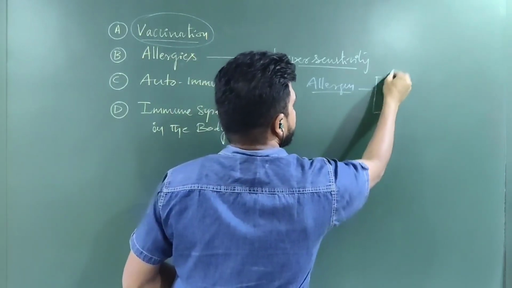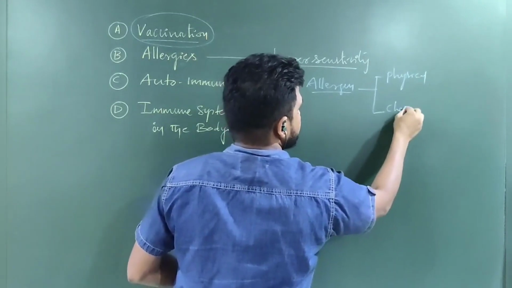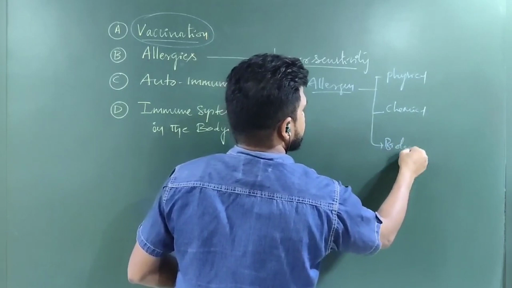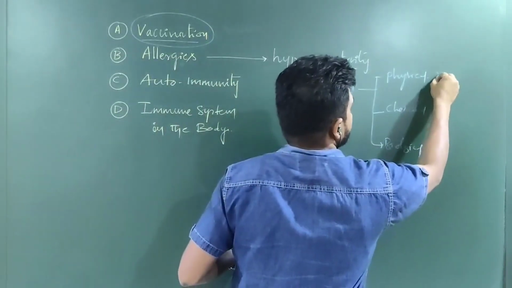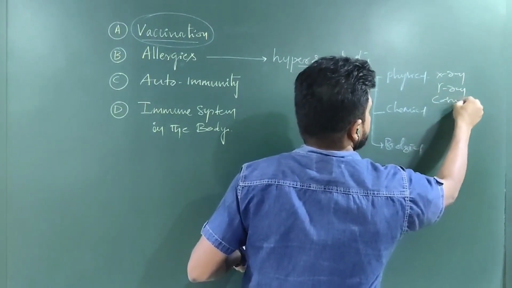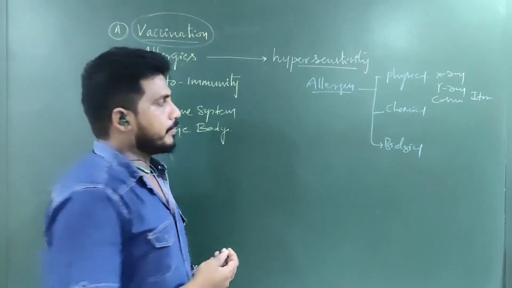Allergen may be physical, chemical, or biological. Physical, such as X-rays, gamma rays, cosmic rays, infrared rays, all give some kind of itching symptom.